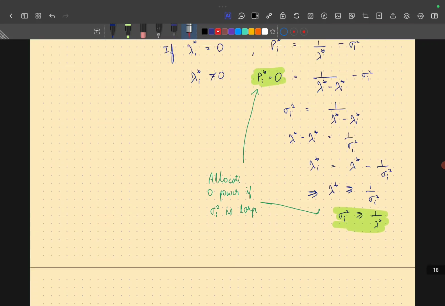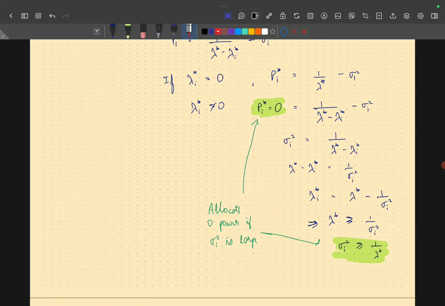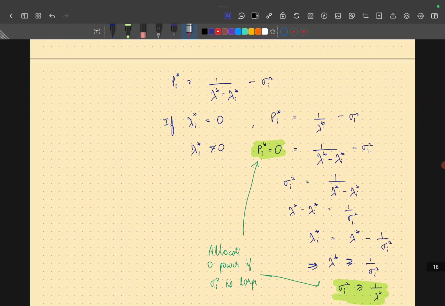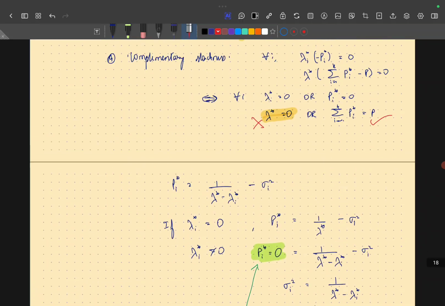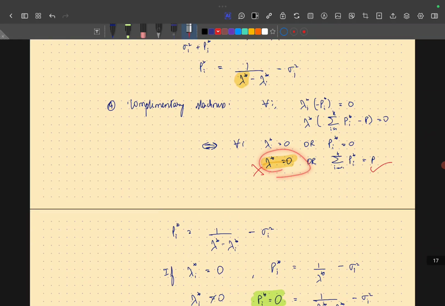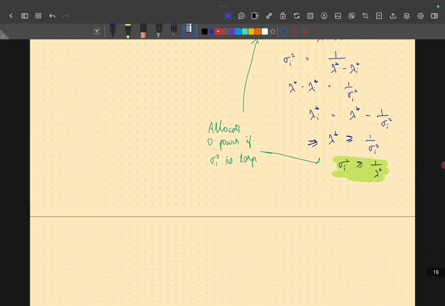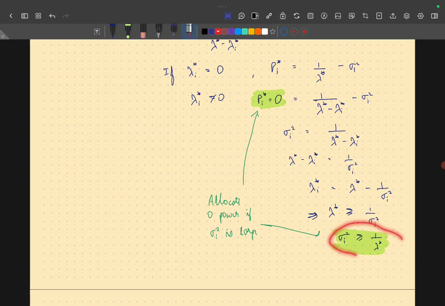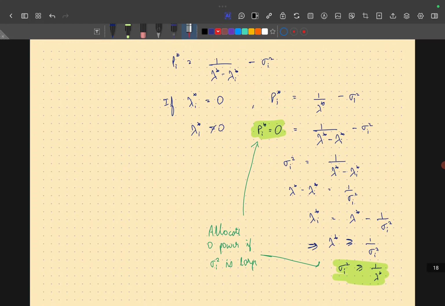But all this says is, I still haven't completed the solution yet, because what is lambda star? It's still a variable that I have not determined yet. Remember that lambda star is not equal to 0. If sigma i square is greater than 1 by lambda star, then pi star is equal to 0.